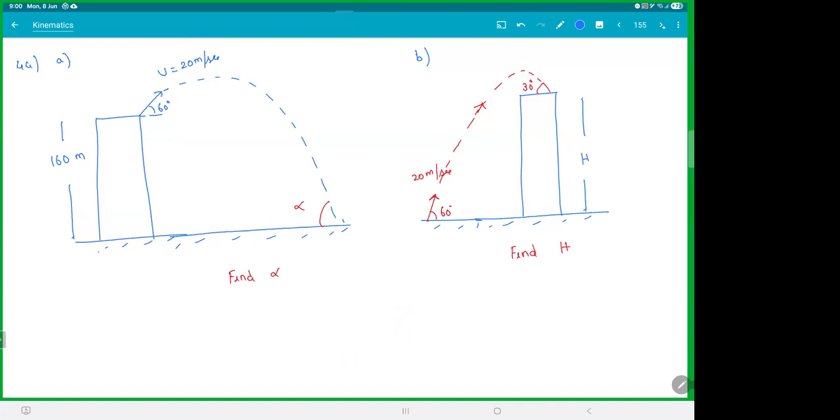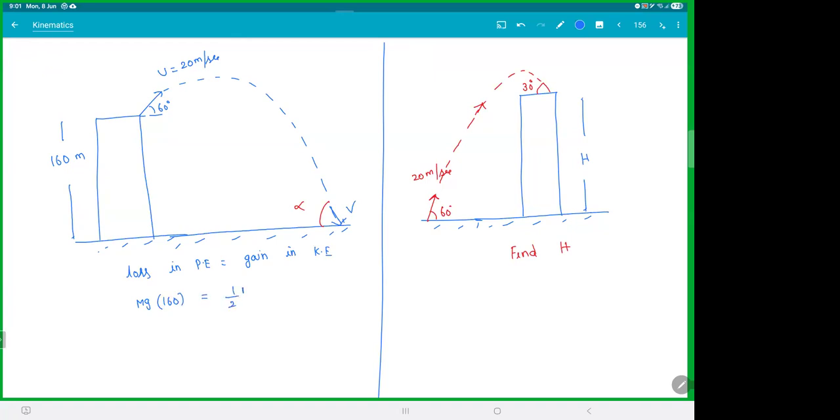Or I can use the other equation, but for that, I need to find the speed. So one way to handle this is we will find the speed using conservation of energy. So this is speed v. Loss in potential energy is gain in kinetic energy. You're losing potential energy mg 160.